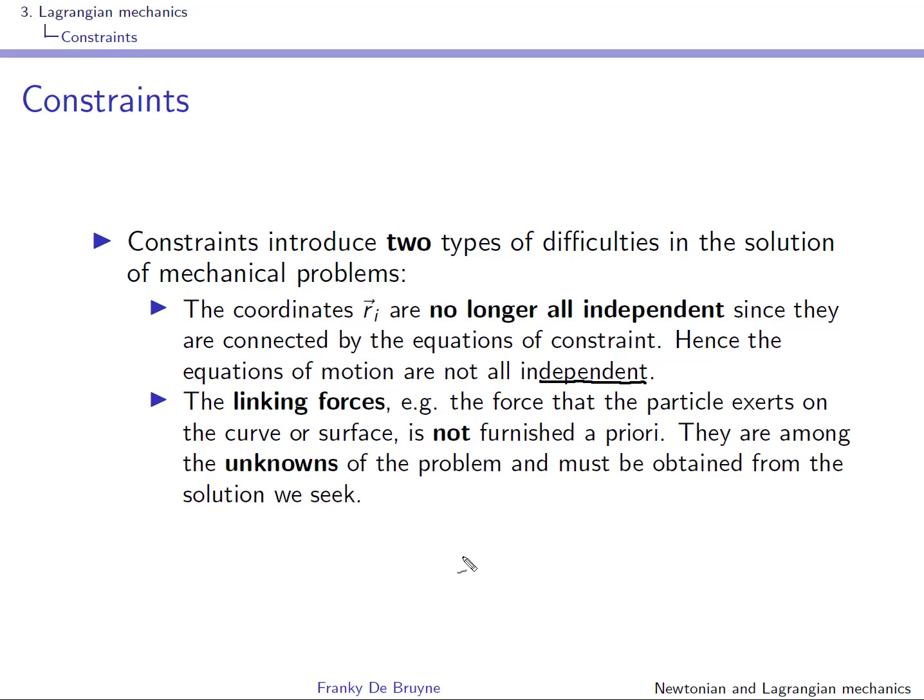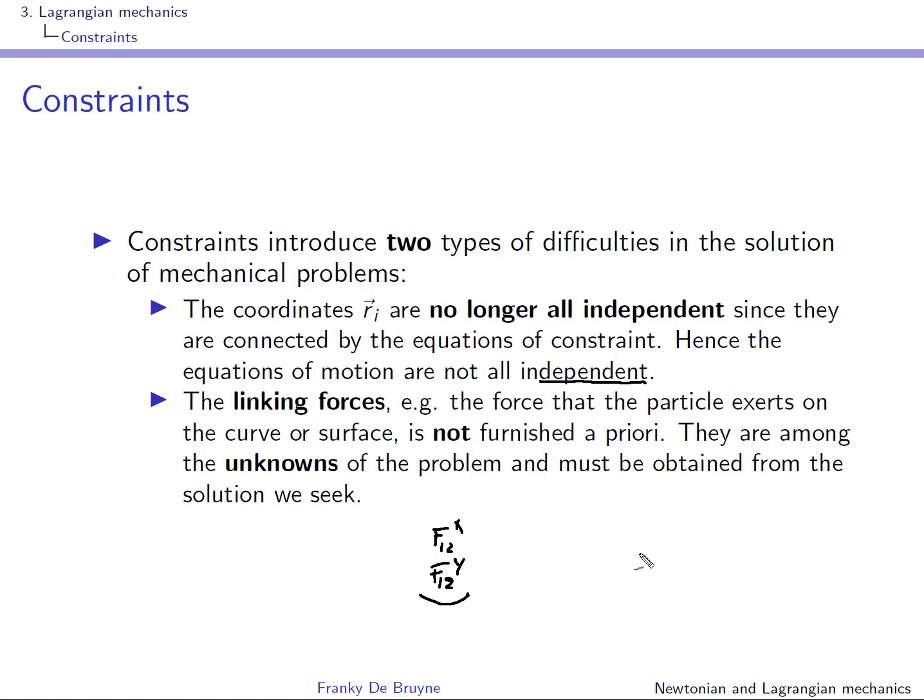Yeah, the linking forces are not given a priori, so they are among the unknowns of the problem, and they must be eliminated. For instance, in the case of the mass and pendulum, you had these 2 linking forces, F12x and F12y. You didn't know these up front, so they had to be determined and eliminated from the problem.